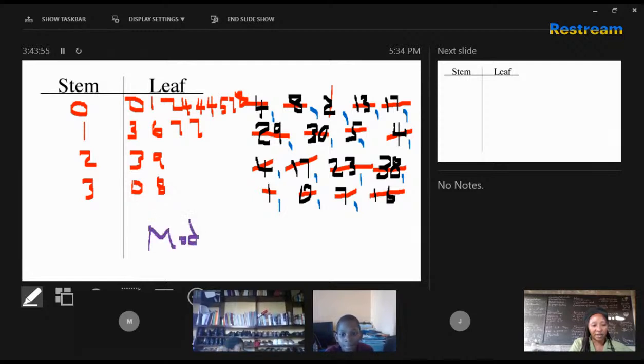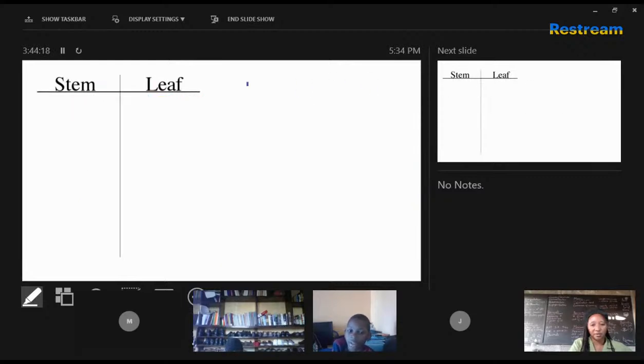How many fours do we have? 3, so we have 3 fours. We have two 17s, but we have three fours. So the 4 is the mode. What's the range? The range is 38, so 38 minus 0.